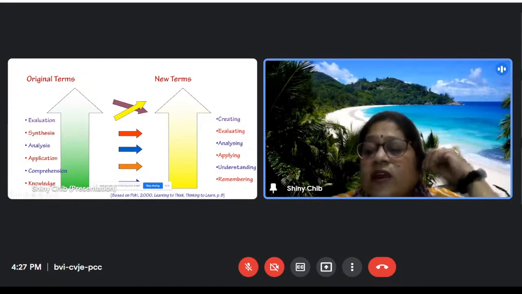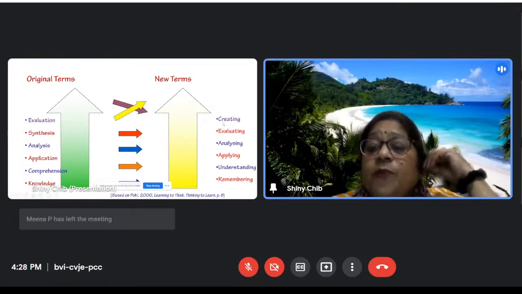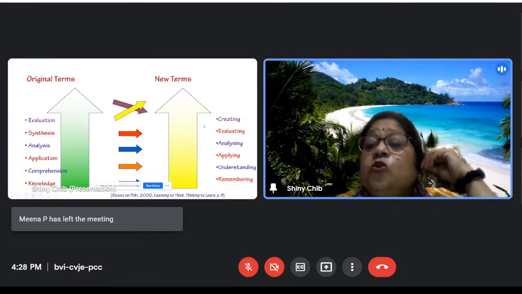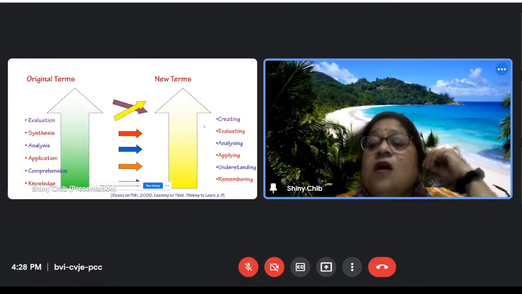When you understand the concept, the third level tells you to apply that concept. Analyzing tells you to analyze it and find out the pros and cons, the plus and minus. Evaluation is evaluating each concept which you have studied, and creation is, based on that, coming up with some new models, some new concepts, some new theories.